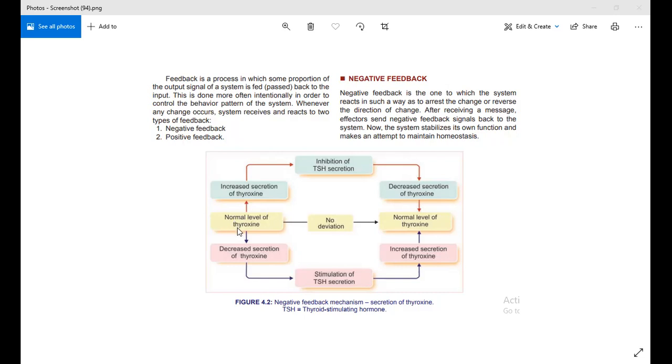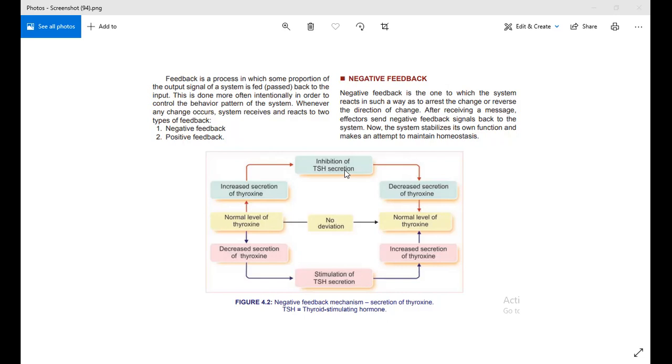Now, before thyroxine can be released from the thyroid gland, there is another hormone that is called the thyroid stimulating hormone, TSH. So this thyroid stimulating hormone is coming from the pituitary gland, the anterior pituitary gland.